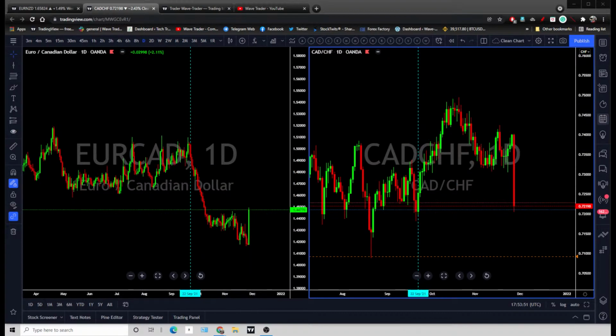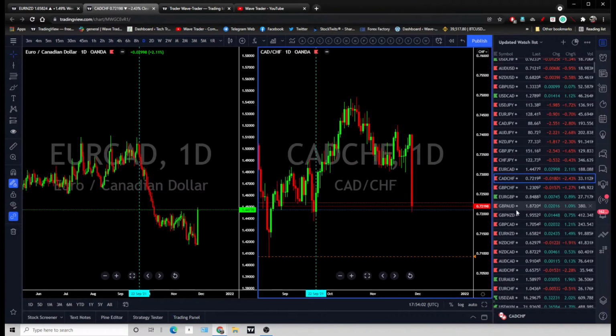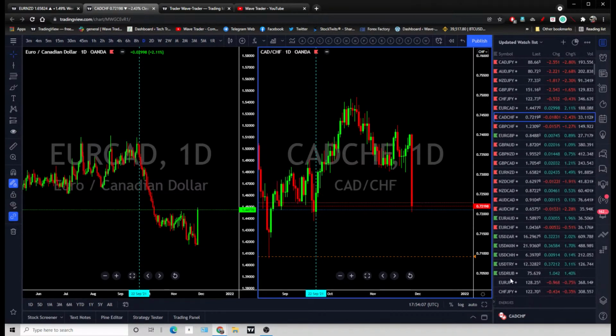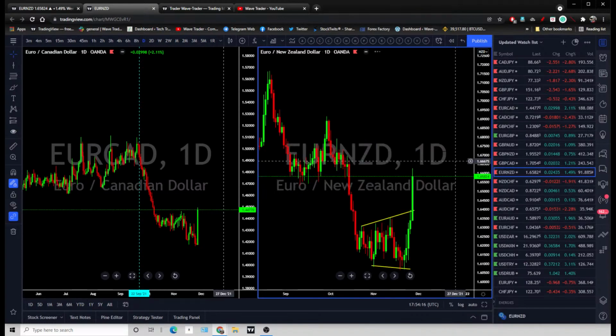If you haven't traded on this chart, then you still can chase that move, guys. Or let me tell you in a different way, if you haven't understood that. The chart I'm going to pull out is the euro New Zealand dollar. There you go.